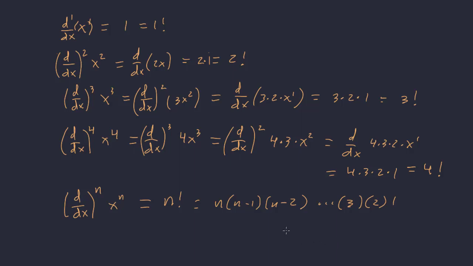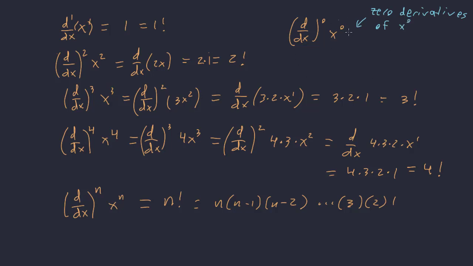Now, why is 0 factorial 1? Well, imagine if I follow this pattern. Let's say I take 0 derivatives of x to the 0.